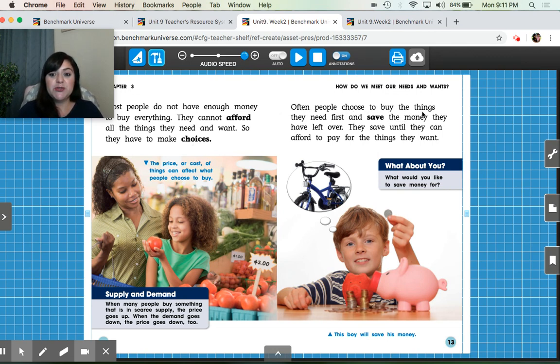Often, people choose to buy the things they need first and save the money they have left over. They save until they can afford to pay for the things they want. So, like this boy, he has a piggy bank and he's going to be saving until he has enough to buy what? What does that boy really, really want to get? Can you use some visual clues?